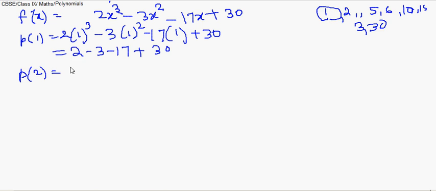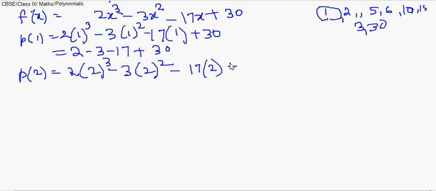So 2 into 2 cube minus 3 into 2 square minus 17 into 2 plus 30. So 2 twos are 4, 4 twos are 8, 8 into 2 is 16, minus 2 twos are 4, 4 threes are 12, minus 17 into 2, that is 34, plus 30.